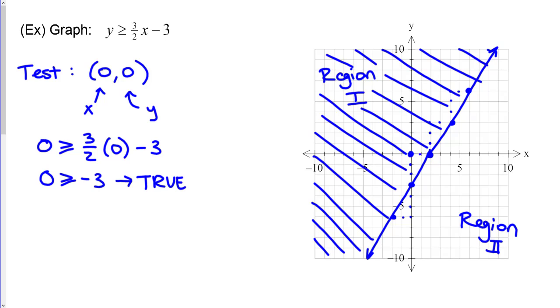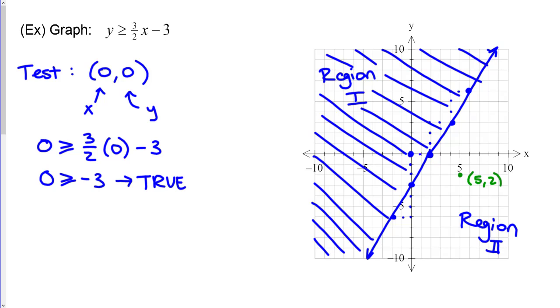And if I chose a point in the other region, so I'm going to choose a random point. This is the point with coordinates (5, 2). If I use that as a test in my inequality, what I'm going to learn is that it is not a solution, because every single point in region 2 is not a solution to my inequality.